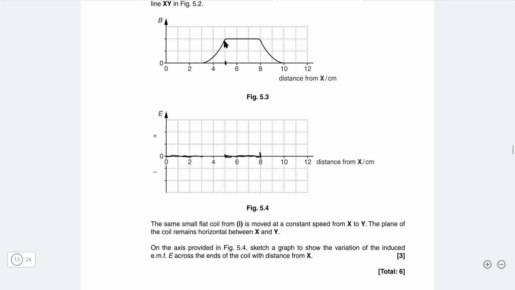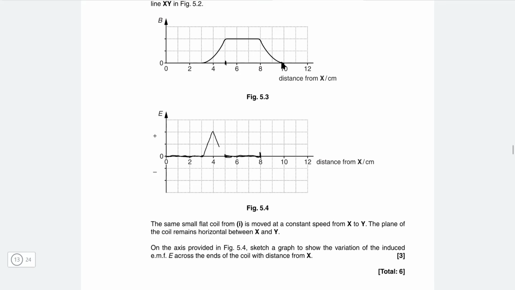But also have a look, because the EMF is the gradient of the change of the magnetic flux. If the gradient has opposite signs, then the EMF will also have opposite signs. So let's say that here the gradient is positive.